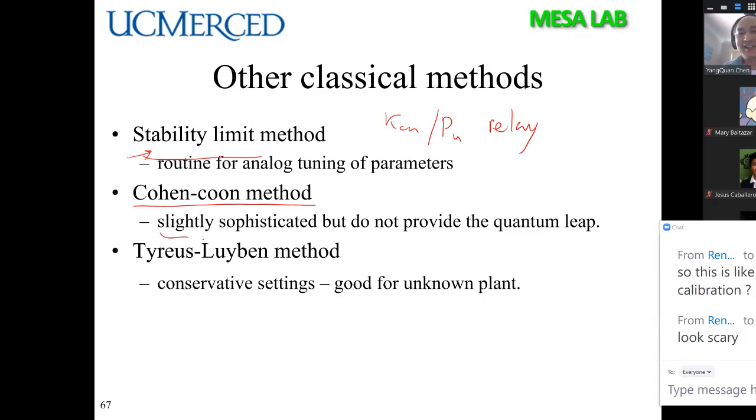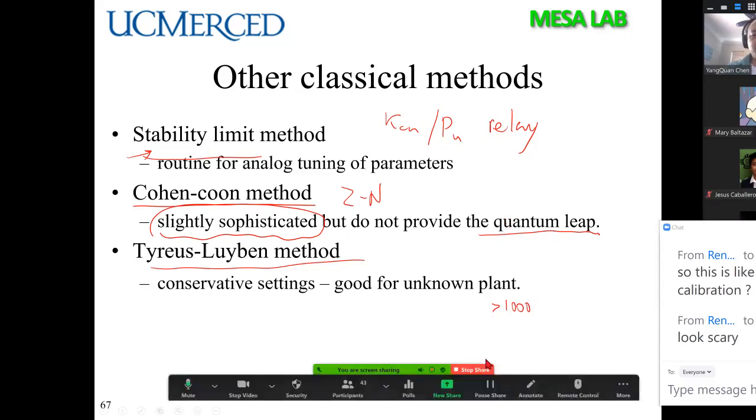Slightly more sophisticated than the Ziegler-Nichols method, but it will not give you a quantum leap. There are other methods. Do you know how many tuning methods there are? Safely say, over 1,000 different tuning methods.